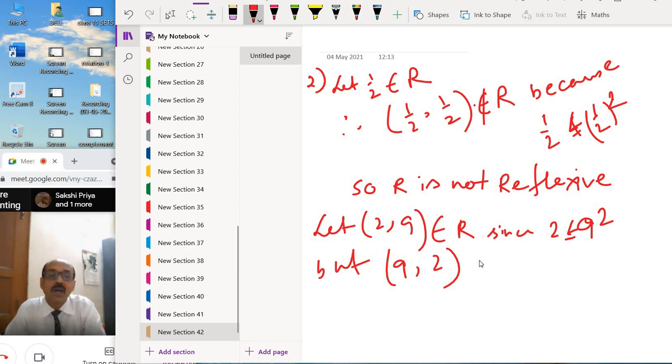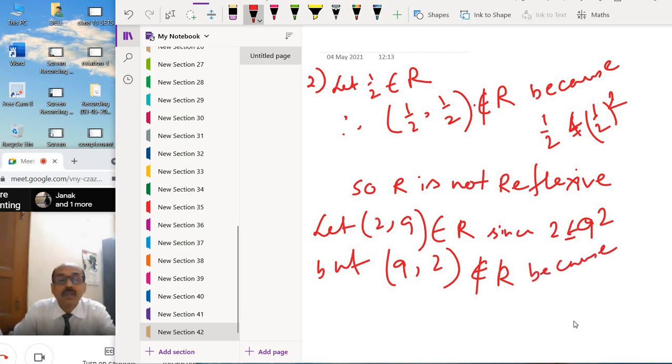So (9, 2) does not belong to R, because 9 is not less than or equal to 2 square, that is 4.